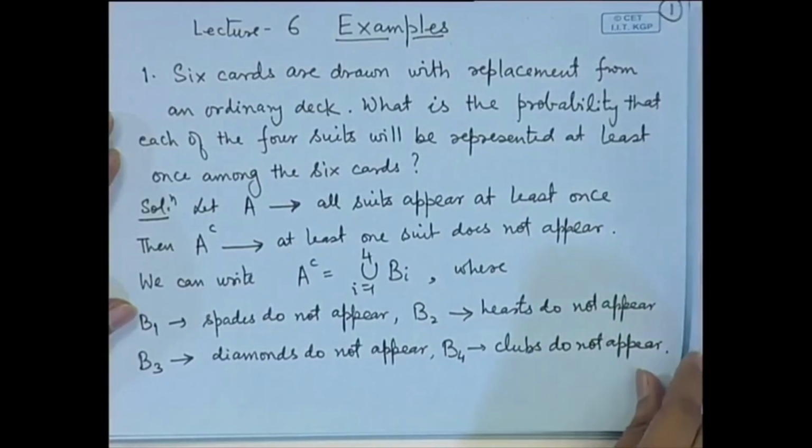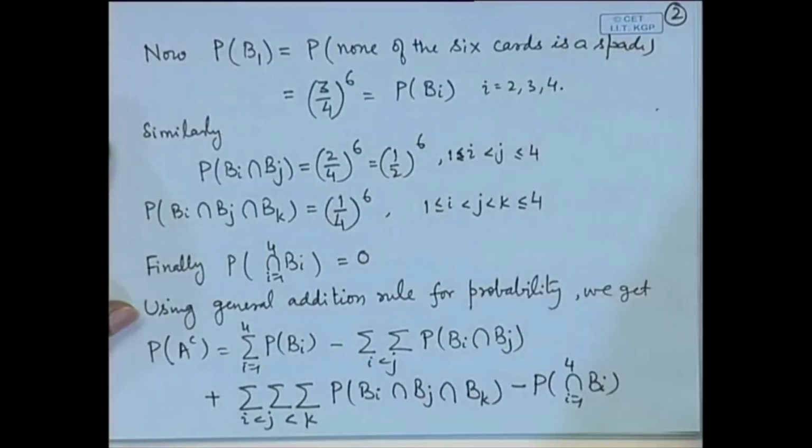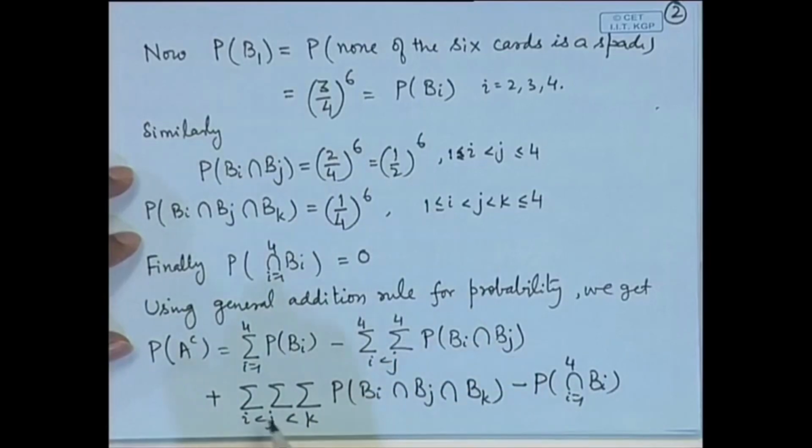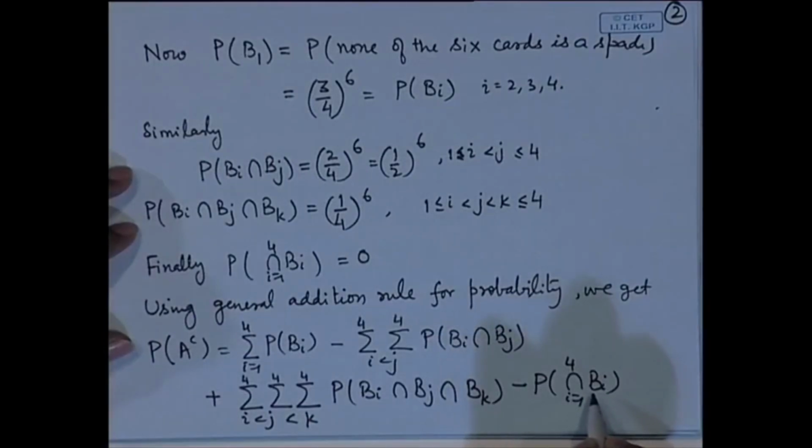So, now by the addition rule, probability of A complement is equal to the sum of probability of B_i, minus the double summation of probability of B_i intersection B_j, where i is less than j and the summation goes up to 4, plus the triple summation of probability of B_i intersection B_j intersection B_k, where i is less than j less than k and the sums go up to 4, minus probability of the intersection of B_i, i equal to 1 to 4.